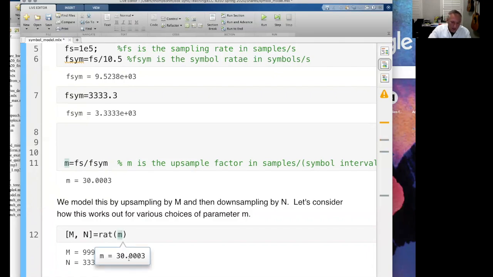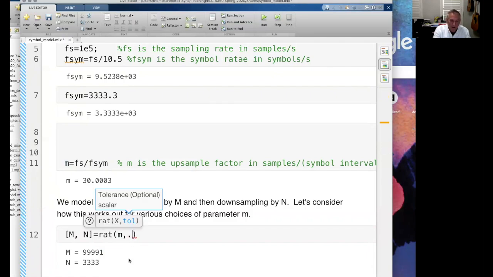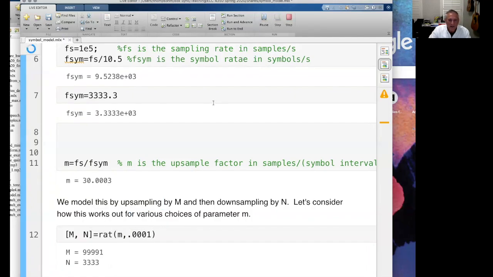So you can control this by putting a tolerance factor in for this ratio function, or rat function, that shows up in MATLAB. So when I rerun this, maybe I had too tight of a tolerance. When I rerun this with the tolerance factor, I get numbers that are probably more representative of what I really meant in this example.